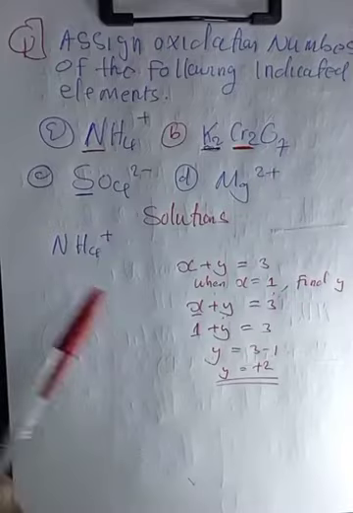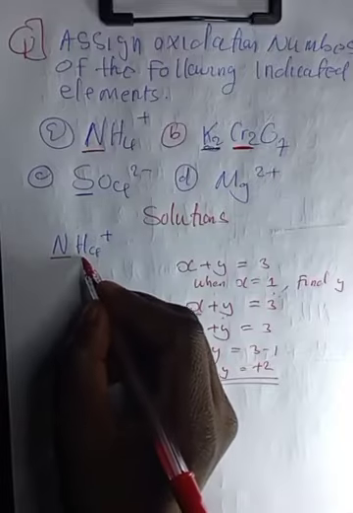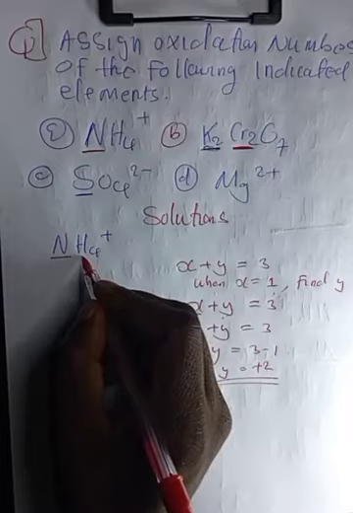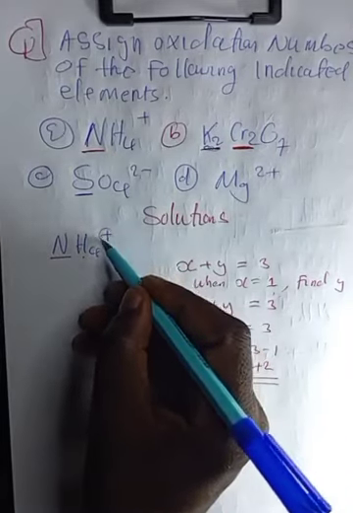Yes, so this is simple math. The same thing we are going to do here to find nitrogen, because we already have information about hydrogen. We know that the oxidation number of hydrogen is always a positive 1 when hydrogen is present in any compound or molecule, except in a binary ionic compound where it is a negative 1. Here we have an overall charge of positive 1.